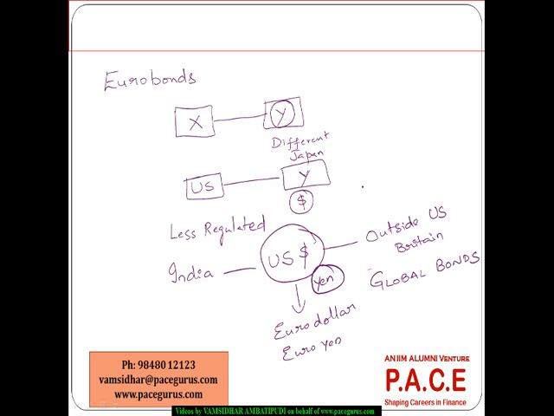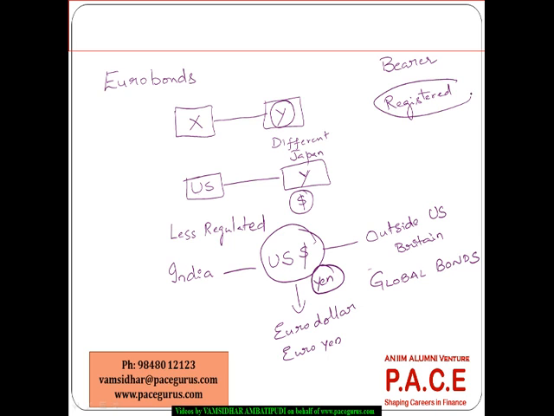So it is primarily designated based on the currency in which it is typically traded. And one more important aspect with these euro bonds is they are bearer bonds and they are not registered bonds. What is the difference between these two?